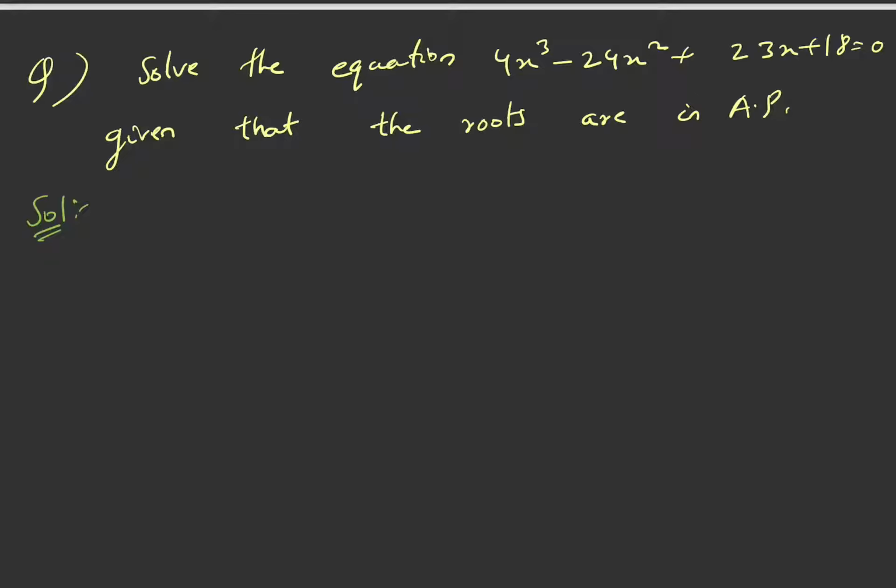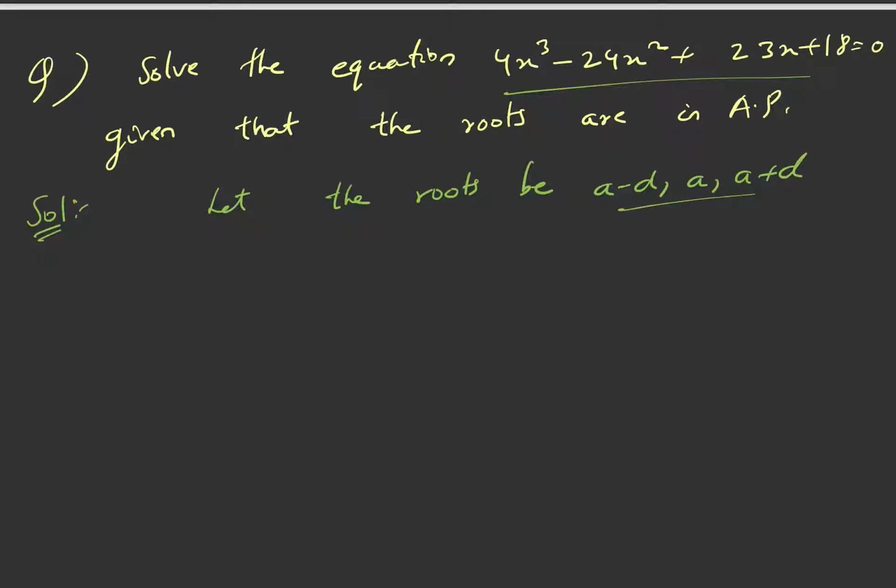Fine, so let us solve this problem. So it is given that the roots of this equation are in AP, right? So this equation has 3 roots. So how do we consider 3 numbers in AP? So let the roots be a minus d, a and a plus d, right?